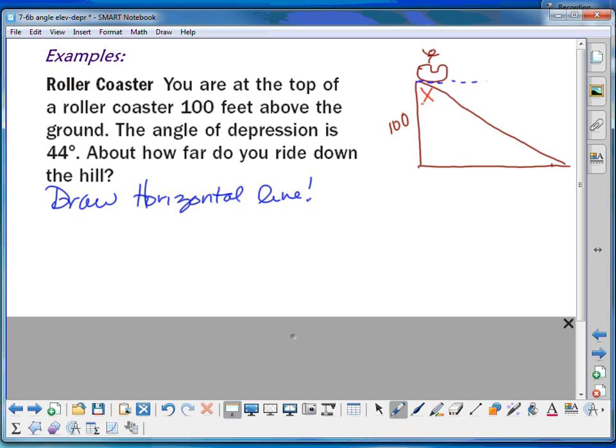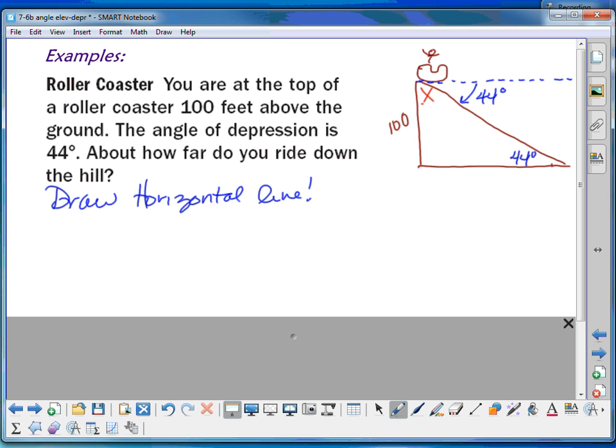So I've got my horizontal line going down from there, as in depression, down. That's where the 44 degrees is. Now, because I have parallel lines, my angle of elevation is also 44 degrees. So it's really important that you draw this correctly when you do these problems.